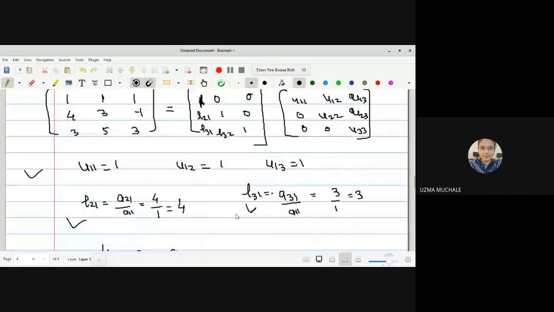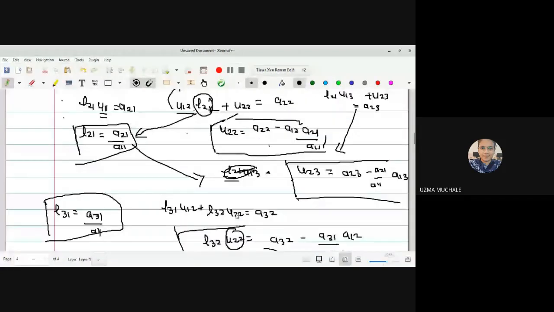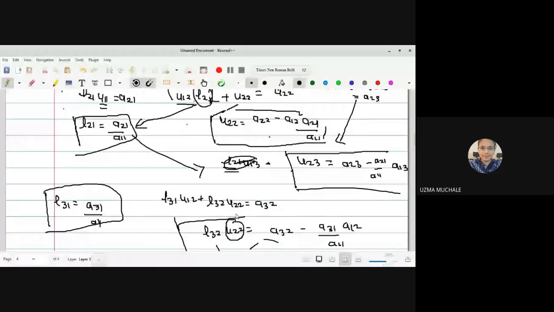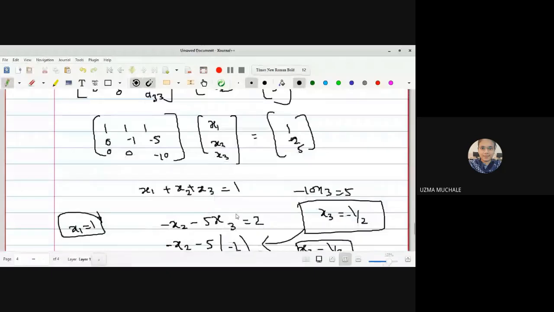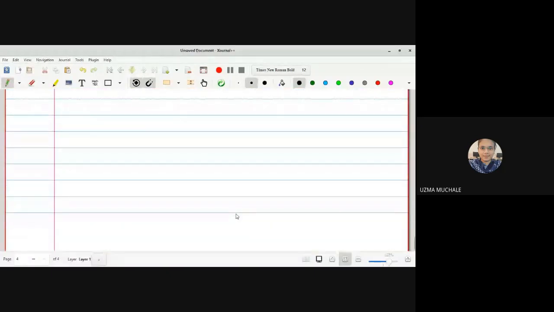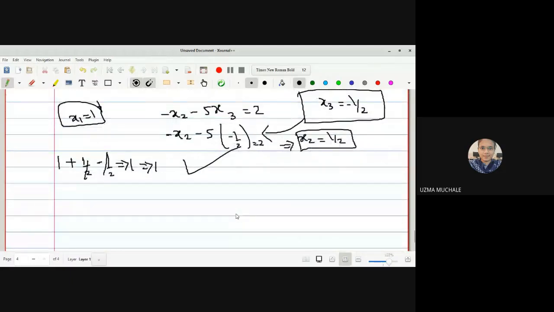If you remember all these 9 formulas, whatever the boxes I have prepared, then you can solve the example and put Ly is equal to b and then Ux is equal to y. After putting Ly is equal to b, you will get the values of y. That means the system will solve for y, and Ux is equal to y. Then we can solve the system for getting the values of x1, x2, and x3.